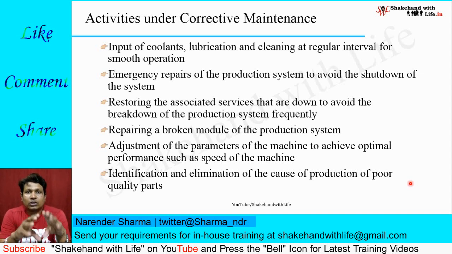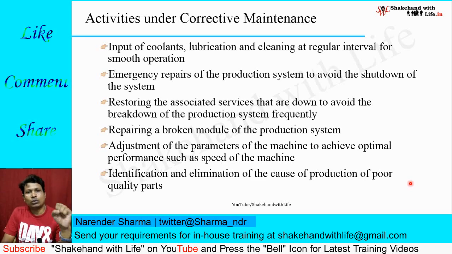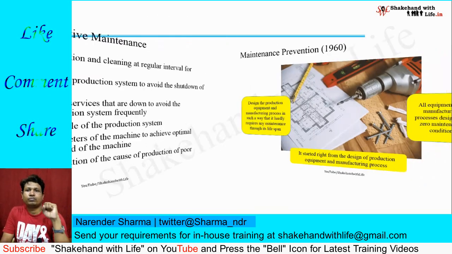The maintenance team and the production team must identify the cause of the defective or poor quality parts and eliminate it so that the production system continuously produces quality parts. These activities are included in the corrective maintenance.